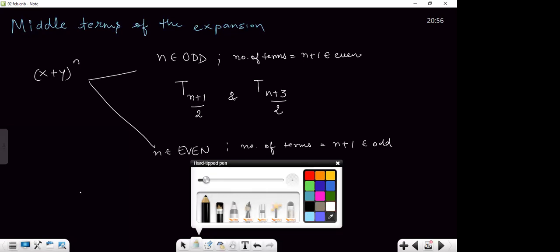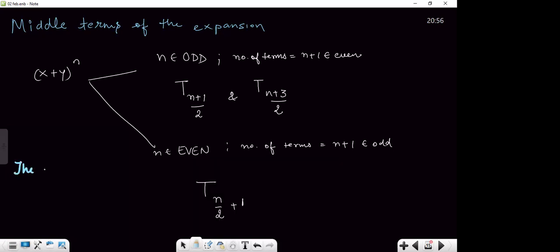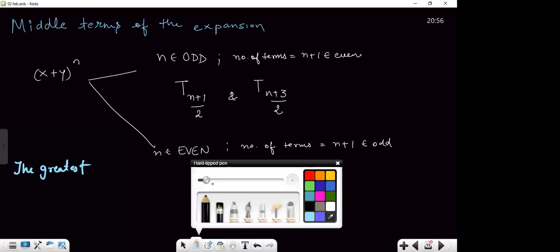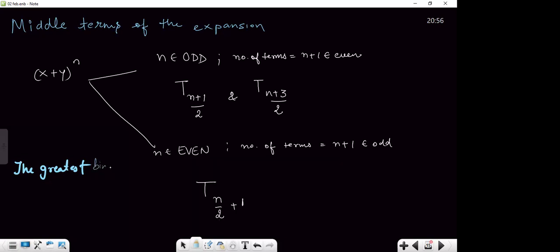The greatest binomial coefficient in the expansion is always the binomial coefficient of the middle term. I should say middle term or middle terms.